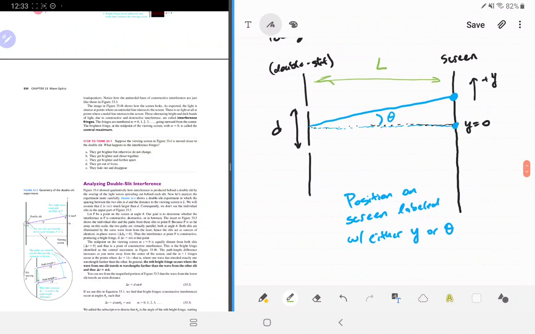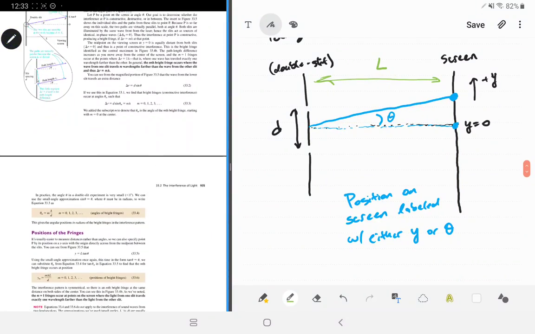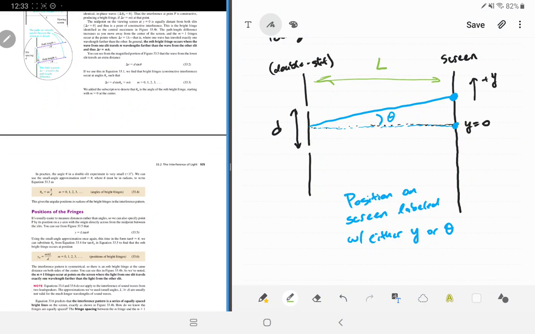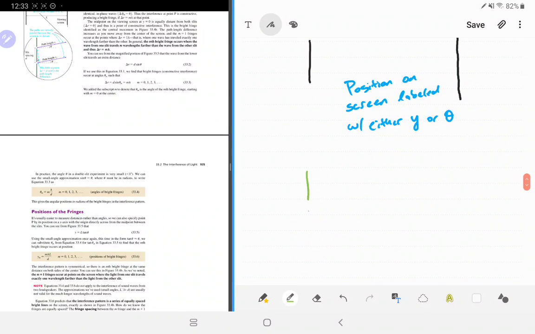So the gist of the proof here, which your book goes over and the Khan Academy video goes over, is that we take a position on the screen. We have the center line, and we can draw two different lines to our point: the line from there and the line from here.